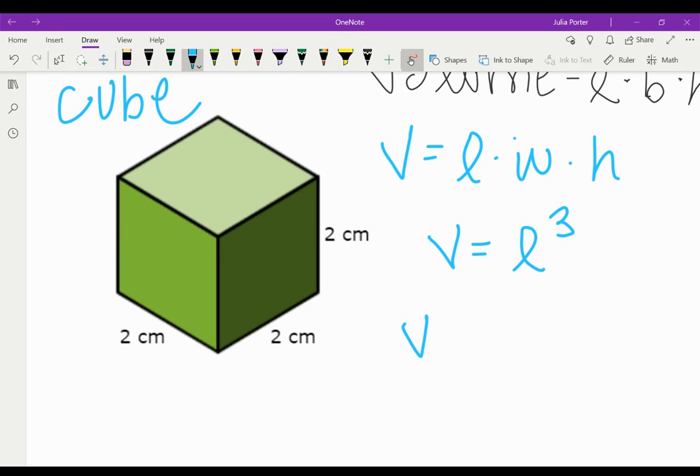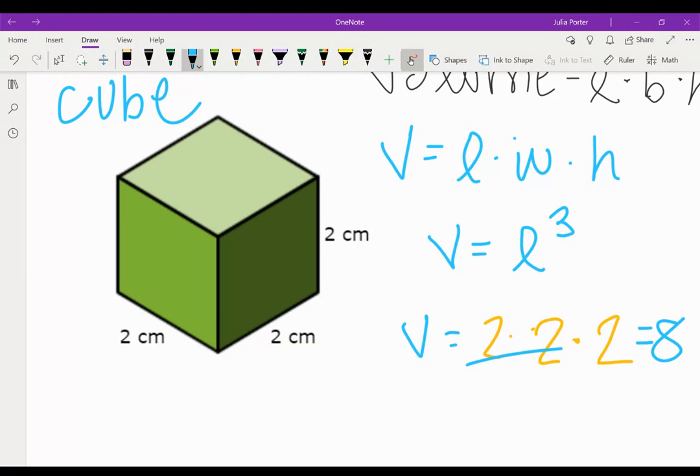So that means that if I plug in my information, I get my volume equals 2 times 2 times 2. If I multiply 2 times 2, which is 4, times 2, this totals 8.